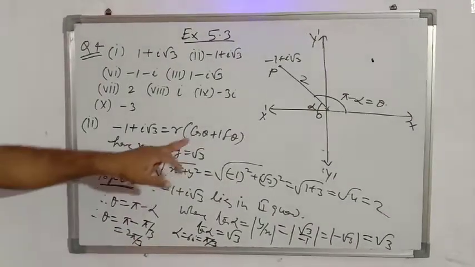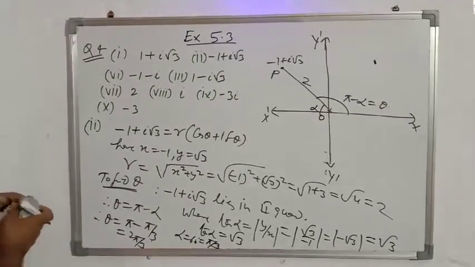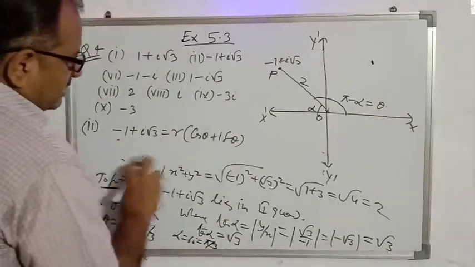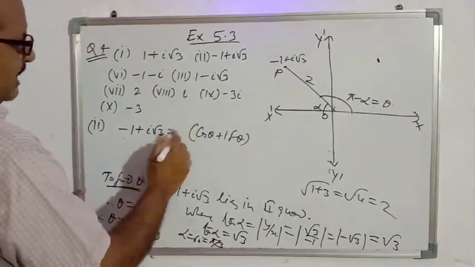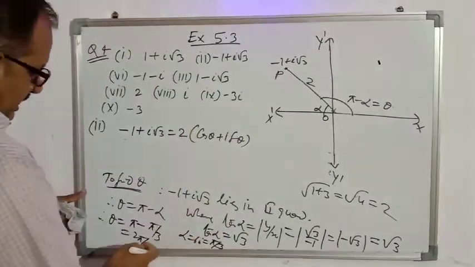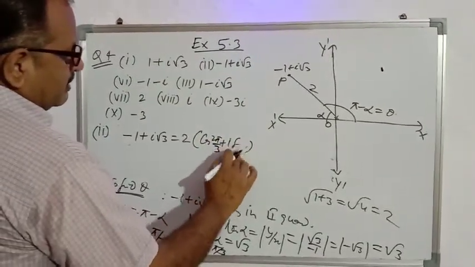We will put this value here. So what will be in the polar form? To write in the polar form, minus 1 plus i root 3, r will be 2 and theta is 2 pi by 3.